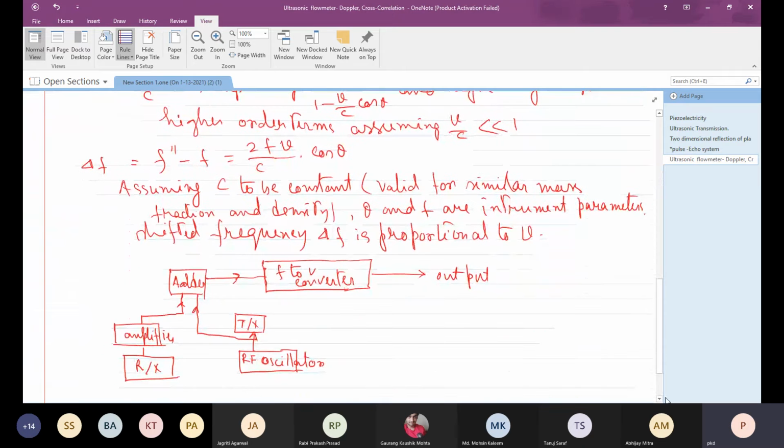So if we look at this signal, this would be a transient signal. Then again it may go, and another will come like that.